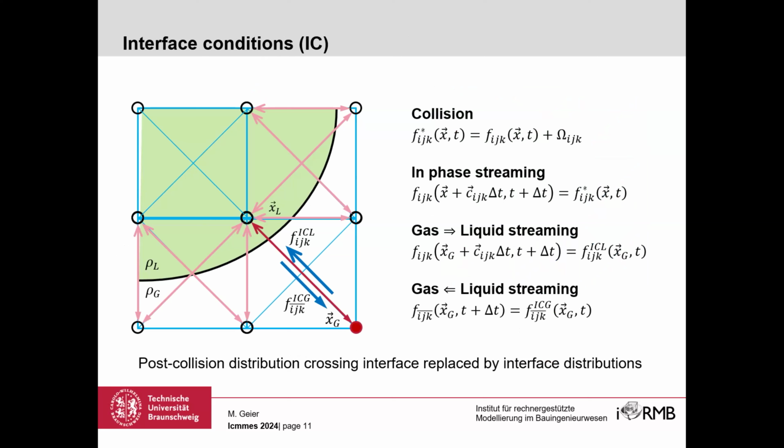There's a collision and there's a streaming, and then instead of the streaming, we set the boundary condition where we have the gas-liquid replacement. There is a so-called interface condition for the liquid and an interface condition for the gas. And the way we do it algorithmically is that we look for the gas nodes surrounding the interface. This is why they are both on the same location, and then we replace both parts of that link.